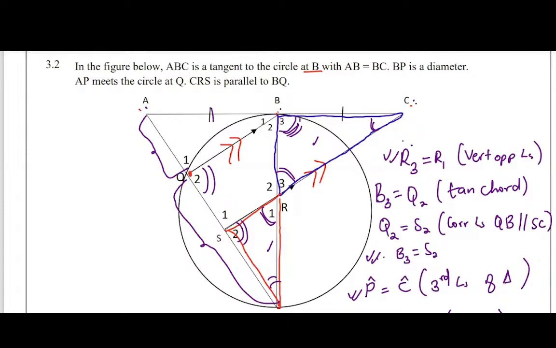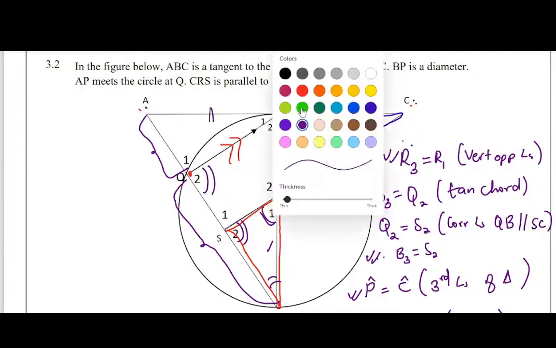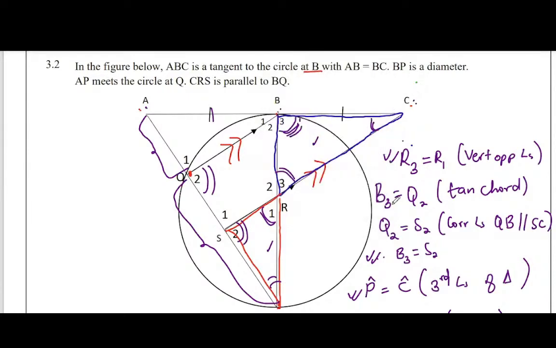The question was telling us that, let me just change this to a green. BR to RP. BR, where is BR? From here up to here is a 2. And then RP from here up to here is a 3. Okay. So what are we going to do?